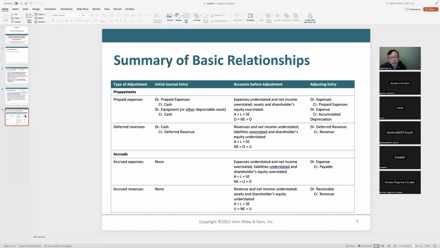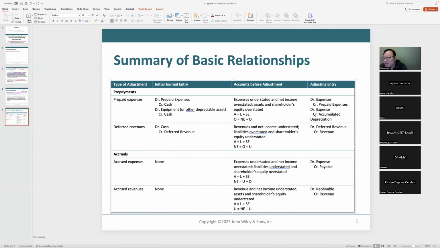Okay. So this table is really nice because it summarizes everything: prepaid expenses, deferred revenue, accrued expenses, and accrued revenue. I think this is a good summary of what we have done in the last two learning objectives. It's worthwhile for you to look into this.